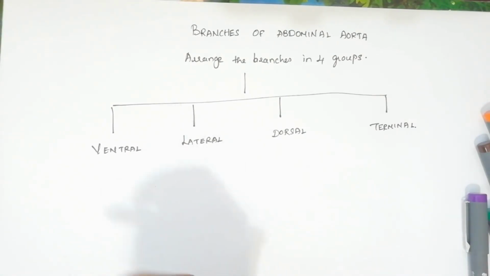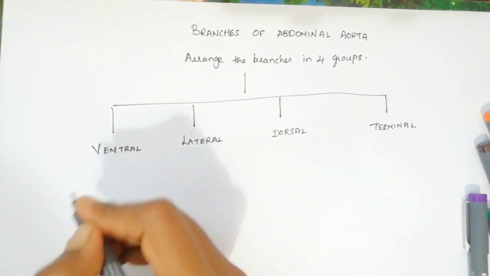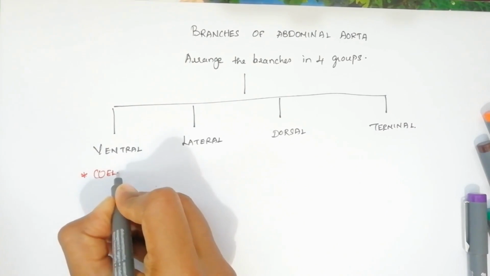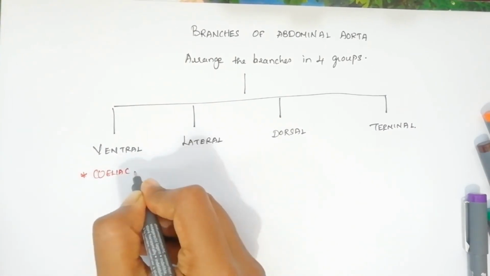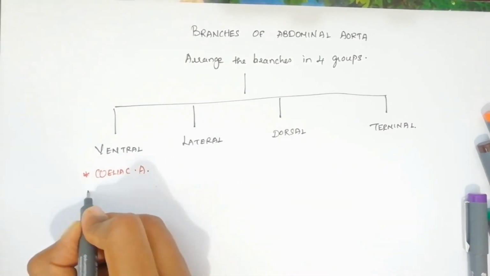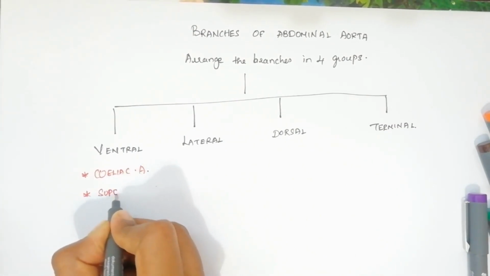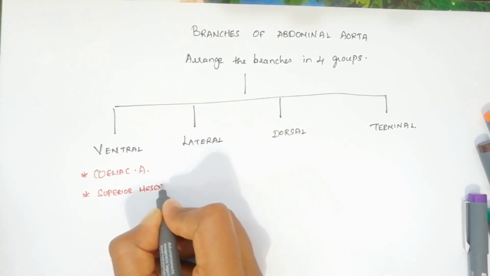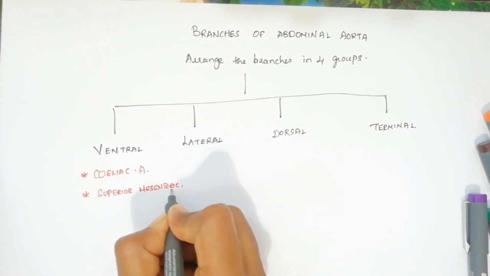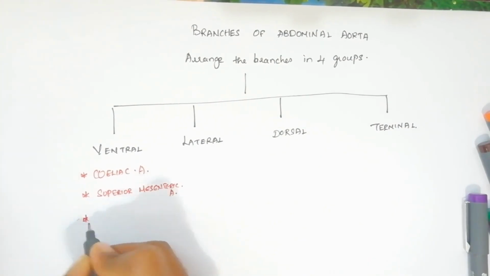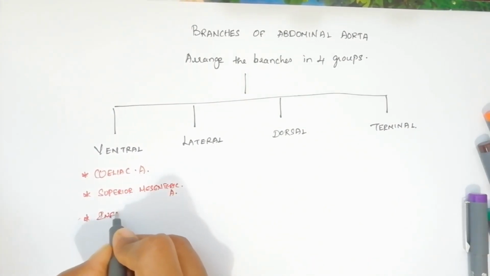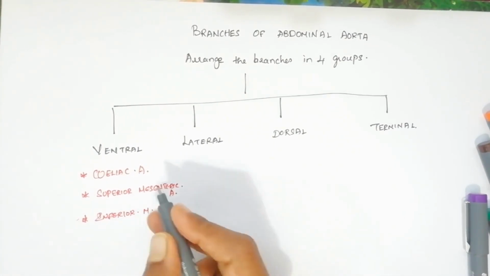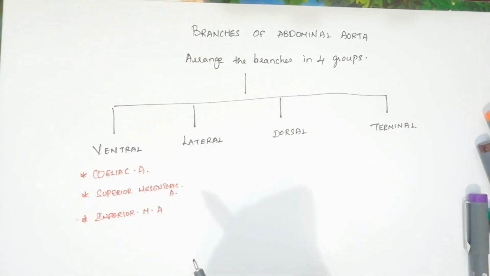From the ventral aspect we have 3 major arteries arising: the celiac trunk or celiac artery, and then the superior mesenteric artery, and then the inferior mesenteric artery. These are the 3 branches arising from the ventral aspect.